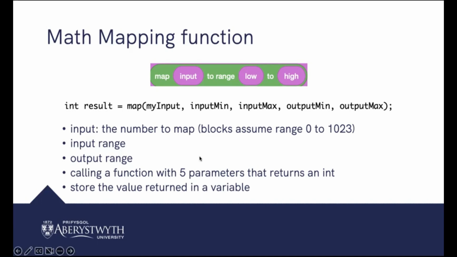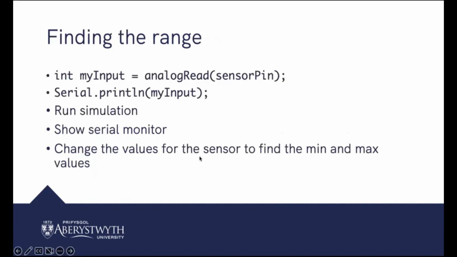So let's have a look at how we actually find out these ranges. Well, if we're taking it from an input from a sensor, then the first thing we want to do is read from that sensor. So we could write a small program that would read from our sensor. So we're using the analog read from a particular pin. And then we want to be able to print that out on the serial monitor so we can actually show ourselves what that number is.